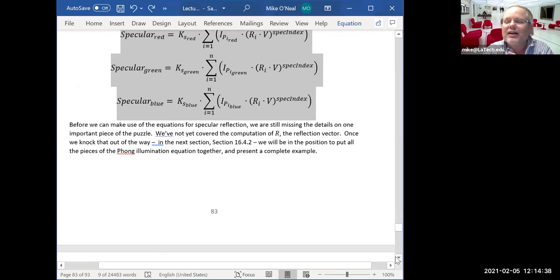It's called the 20 spheres example. We will show the actual code for implementing the lighting model. That'll get us almost to where we need to be to start working on the programming assignment. The programming assignment will then take that lighting model and apply it to a polygon. And we haven't talked about how to do that yet.